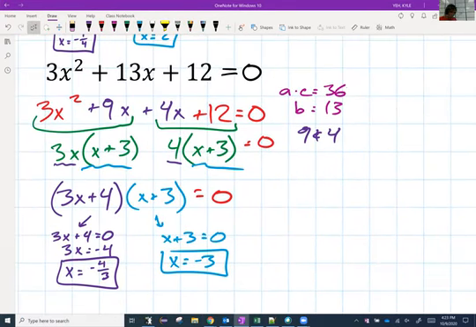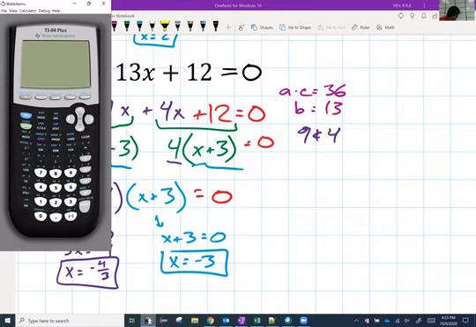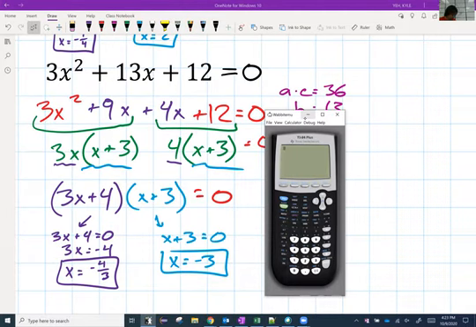Really quickly, just to show you, you can check these. I've tried to show you different ways to check these problems. Let me use the store function of the calculator. I'm going to say negative 4 divided by 3, negative 4/3, store in x. So there it is. And then I'm going to plug it into my original equation, 3x squared plus 13x plus 12.